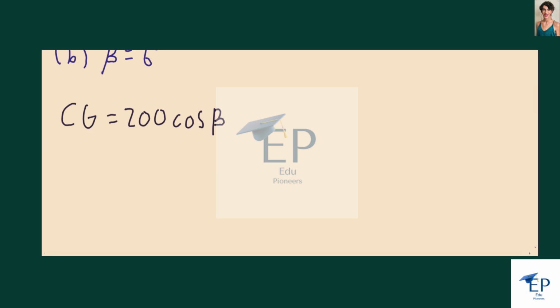And to find the length from E to D, we can set this to 35 minus 200 times the sine of beta.